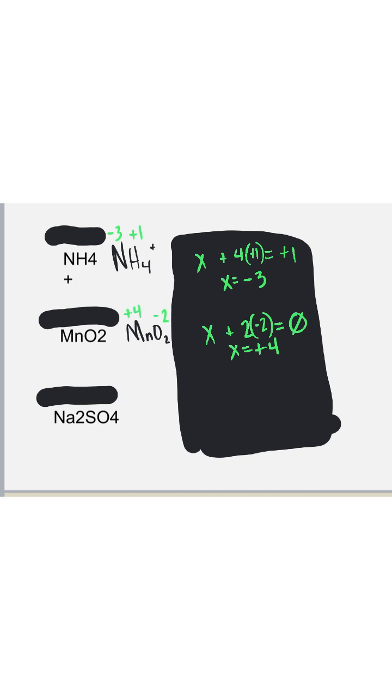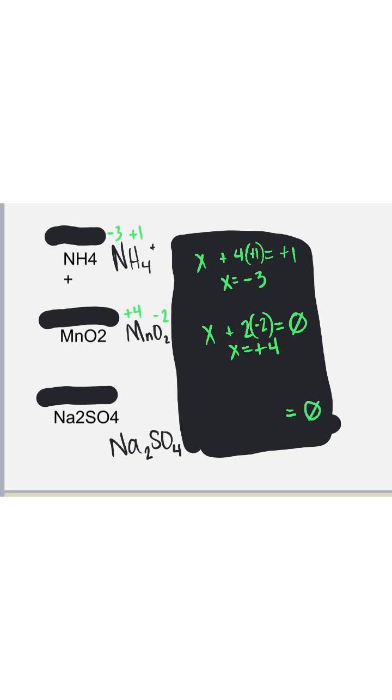Next one is Na2SO4. So here, this one can be a little bit trickier because I have more than just 2 elements. So I have to really follow the rules here. I have an overall charge of 0.